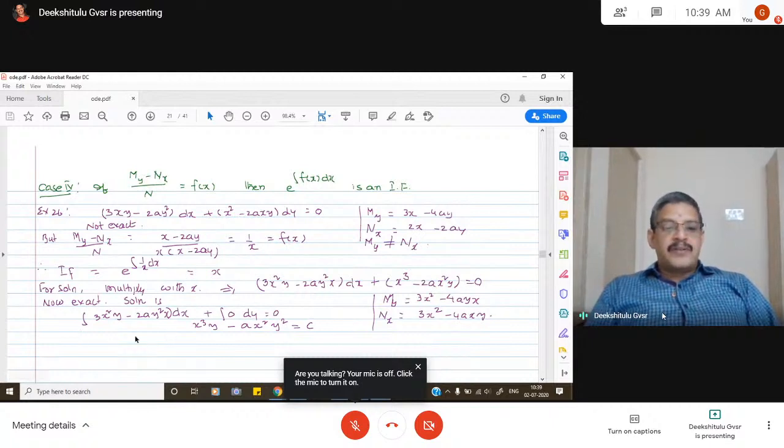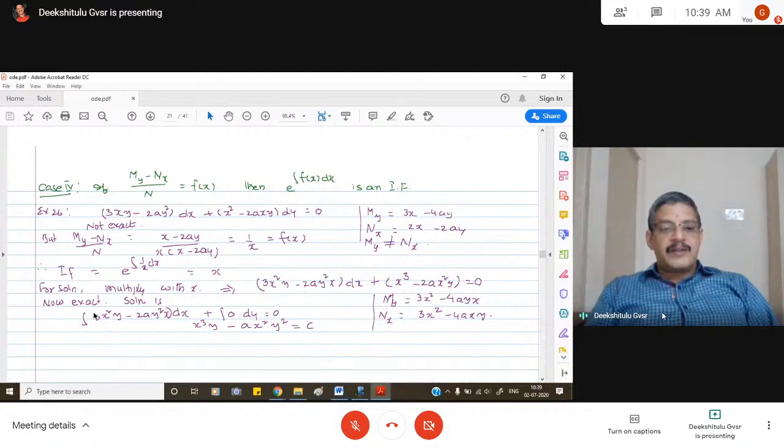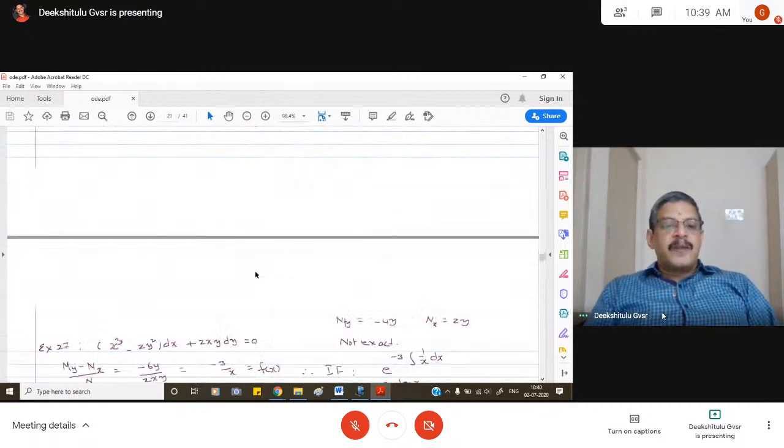So the exact equation solution is integral M dx assuming y as constant, plus integral with respect to y of the terms independent of x in N. We observe this is x cube and this is x square, both the terms are having x, so there is nothing here which is independent of x. So integral 0 dy. If you integrate this, x cube y minus ay square x square is equal to constant.